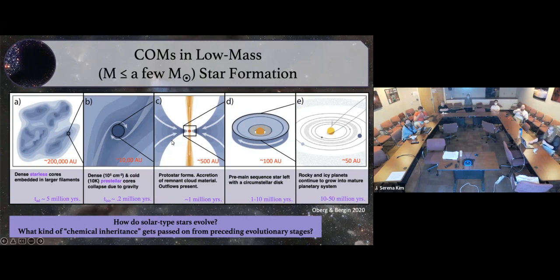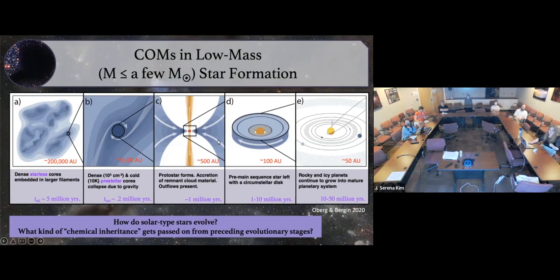Then you'll get a protostar forming with jets, outflows and accretion disks, and then a protoplanetary disk, which accretes matter, with planets believed to form in these gaps, and then eventually you'll get a planetary system.